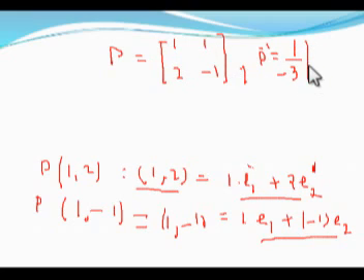For a 2 by 2 square matrix, the inverse can be very easily found. The cofactor of 1 is minus 1, the cofactor of minus 1 is 1, the cofactor of 1 is minus 2, and the cofactor of 2 is minus 1... then transpose. This will be our inverse.